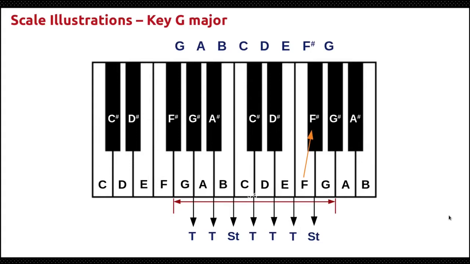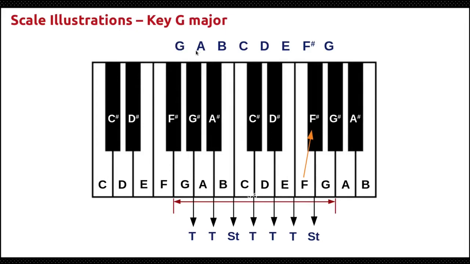Now, for illustration, we have decided to construct the scale of G major. The first thing to do is to write out the members of the scale. We have G, A, B, C, D, E, F, G. If you are constructing a diatonic scale, for example taking G, you start with G and list all the other elements.